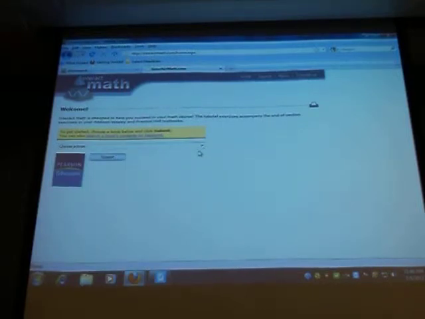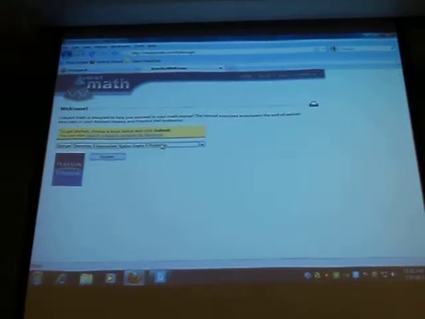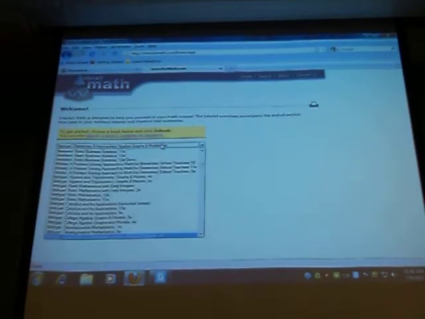It's being weird, isn't it? Bittinger Developmental Math, 9th edition. Is it the 8th edition? Okay, 8th edition. Yeah, that's it. So that's the book from 85.